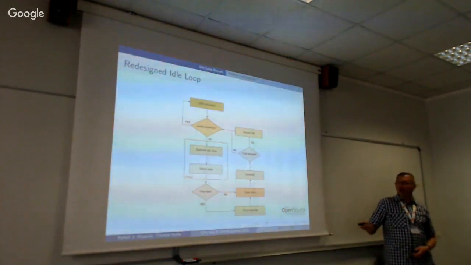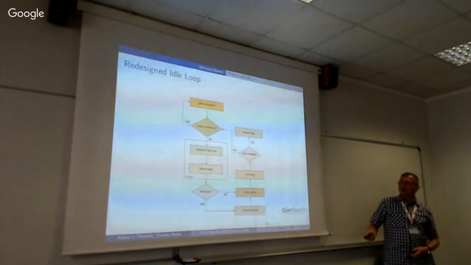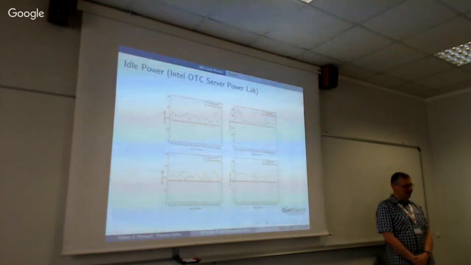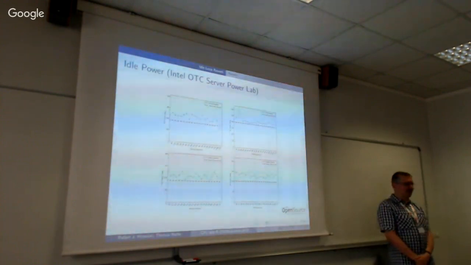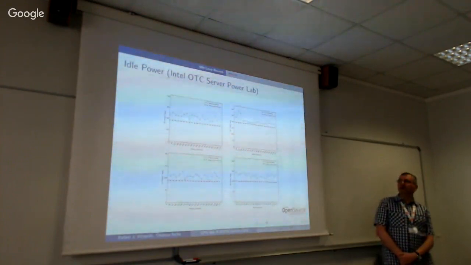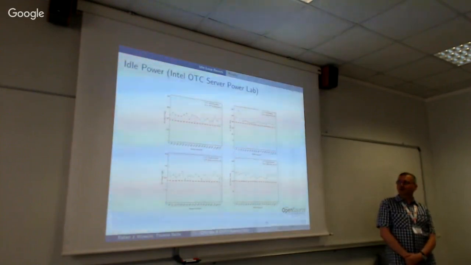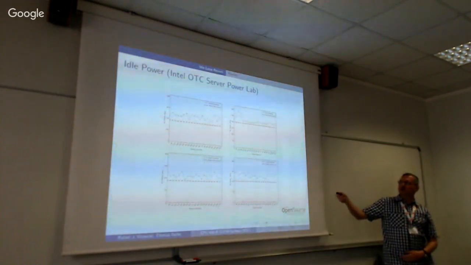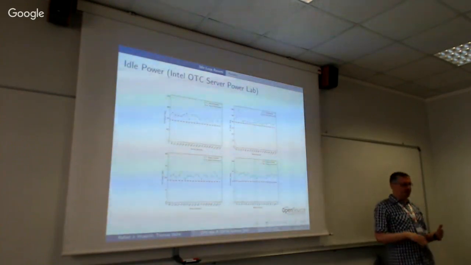Okay, so now let me show you some results, some impact of this change. This is idle power from the Intel OTC server power lab. The graph is the average idle power over the previous period.